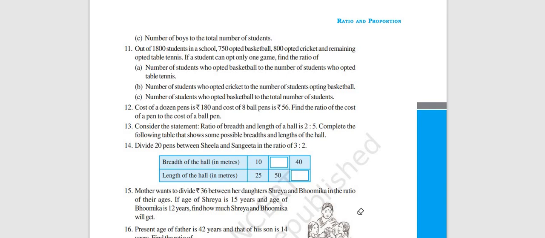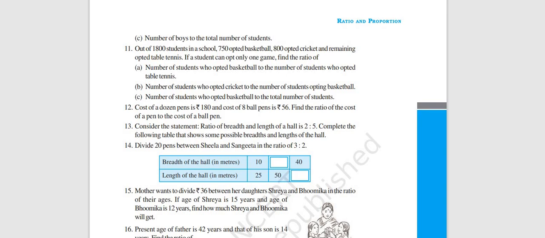Question C. Find the ratio of number of students who opted basketball to the total number of students. This is the question. So read the question thoroughly, either one time or two time or three time.